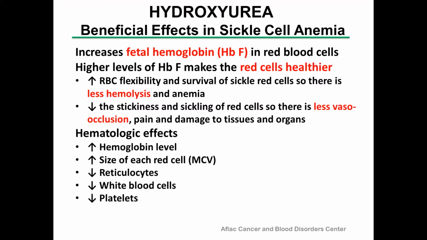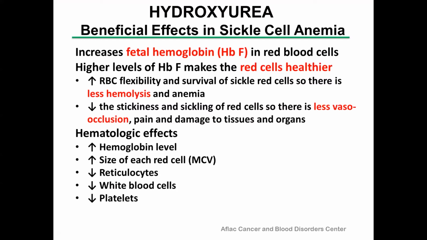In terms of the effects of hydroxyurea on the blood, when you look at blood counts, the effect for most individuals is that the hemoglobin level goes up. So a person whose hemoglobin level might, without hydroxyurea, be 7 or 8, might now be 8 or 9 or 10. The other thing we see is that the size of each red blood cell gets bigger.